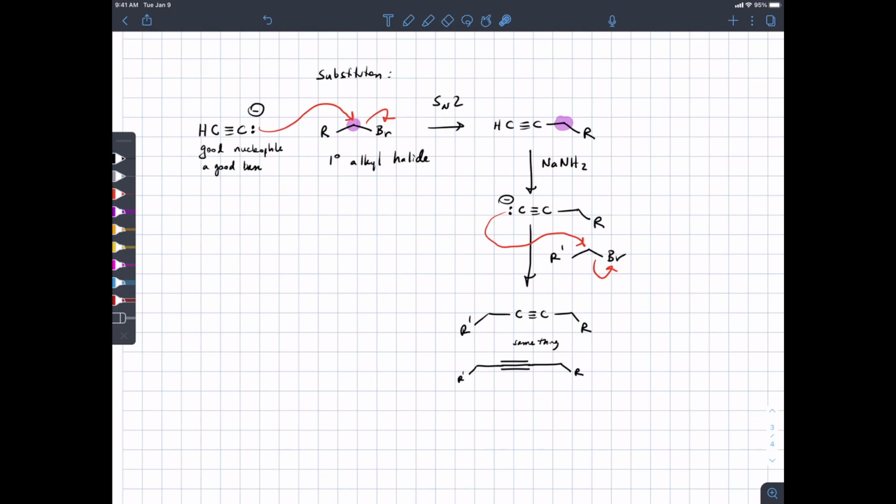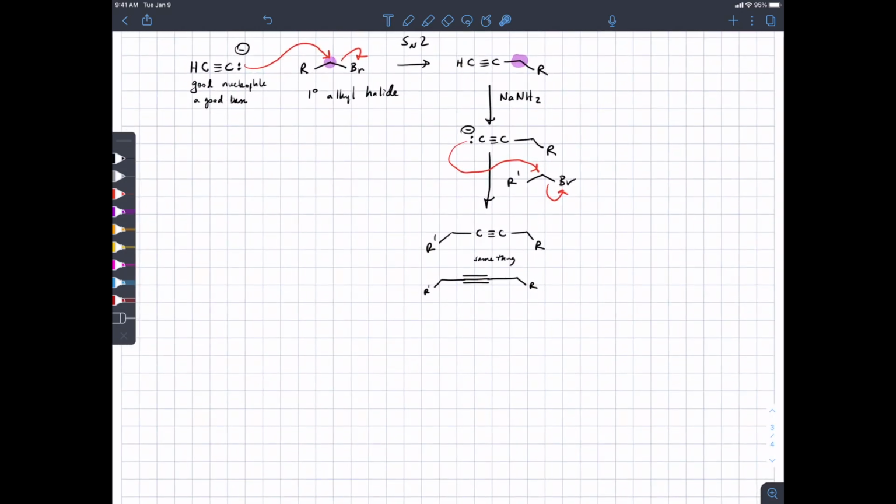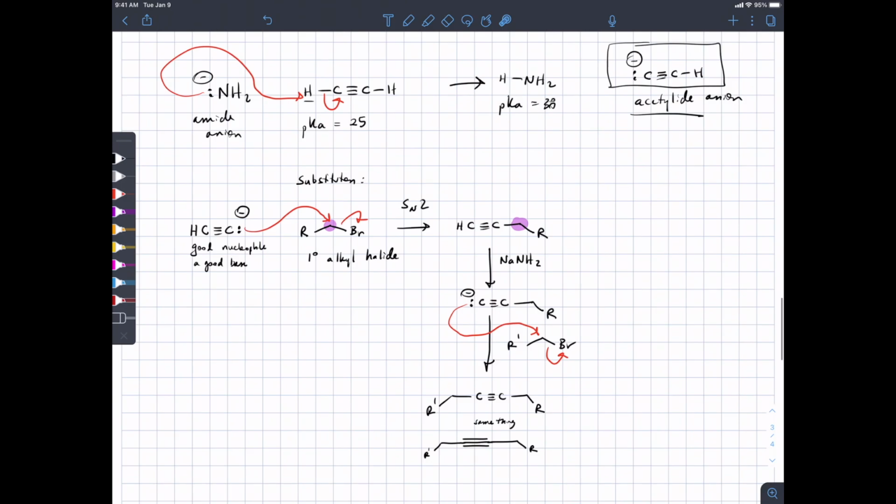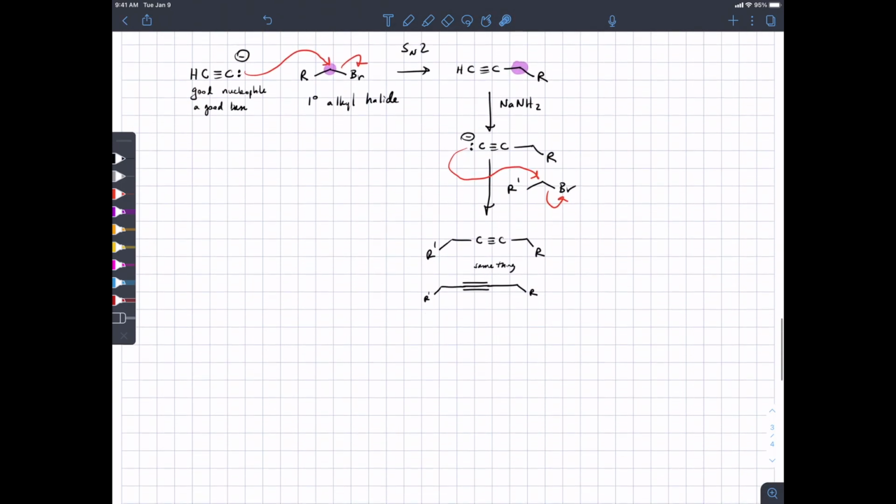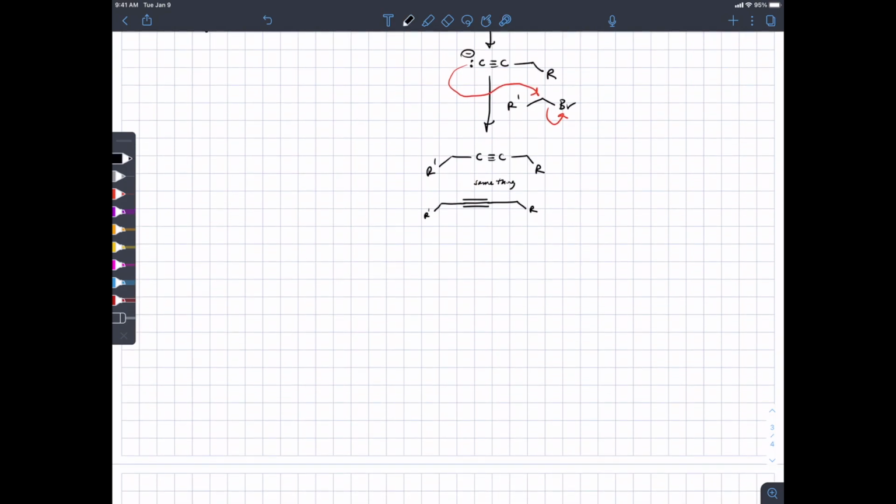All right, what else? Okay, so I want you to be thinking about the kinds of things you can make with not only making the alkyne, but then using the alkyne to make other molecules. For example, if I had some alkyne like this that I had already deprotonated, I can open up epoxides with alkynes.